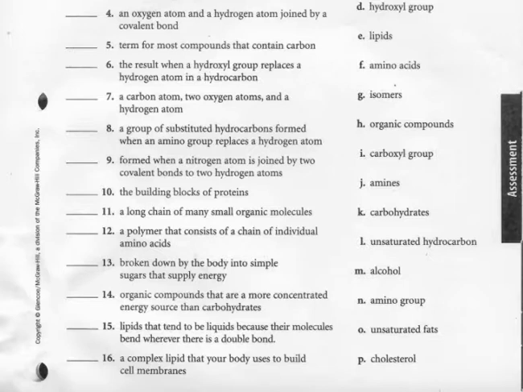A substituted hydrocarbon is where you change out one of the hydrogens attached to the carbon chain. So it's substituted because the hydrogen is substituted for an OH, therefore ethane is turned into an alcohol, with that hydroxyl group added to it.